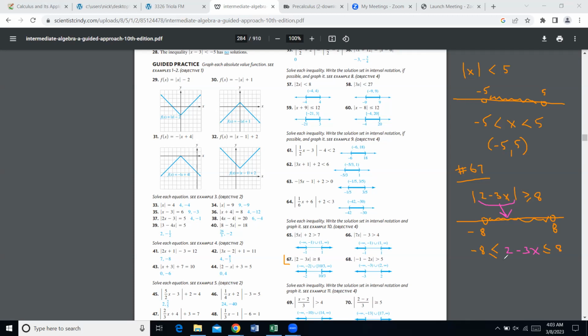So I'm going to subtract the 2 everywhere like that. That'd be my first step. And then left side will have negative 10. Now the middle part is minus 3x only. And on the other side, it's going to be 6.